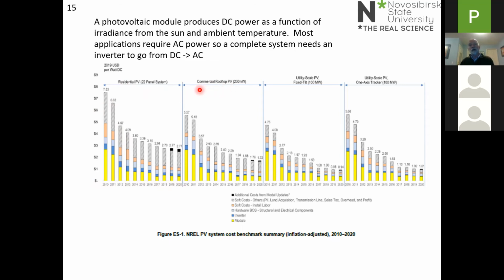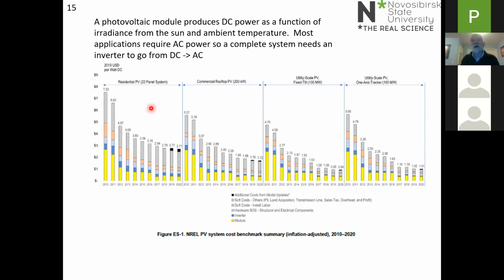This might be a factory or it might be a shopping centre rooftop, up to utility scale, where the modules are fixed, and then at utility scale where there's one axis of tracking. You can see that the components of the costs are broken down here. So yellow is the module, blue is the inverter.